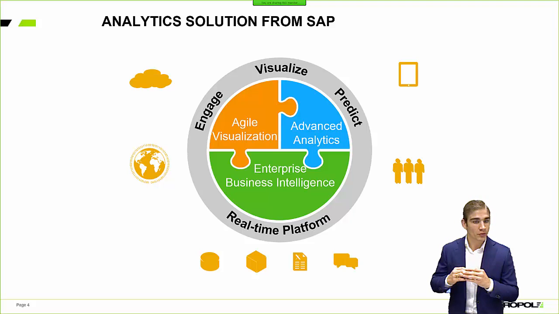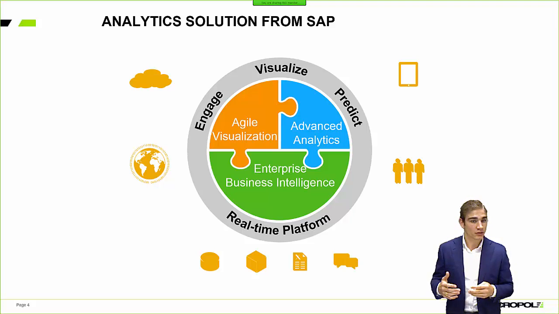If we look at the bottom, is the much more known solution from SAP, so our BI platform, the way we can spread information across the enterprise in a relatively simple, safe and trusted manner. And this all combines perfectly looking at the puzzle. So if you use them together, it adds power to each other. But what I'd like to also emphasize here is the fact that you can use them individually as well.